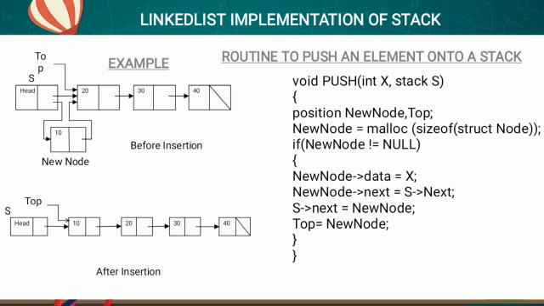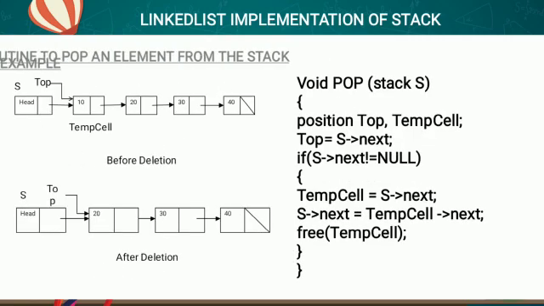If the memory is enough to insert, then we insert the new element in 3 steps. First, we insert the element in the data field of the new node. Then update the next field of the new node with the address of the head node's next, that is S of next. Finally, we store the address of the new node into the next field of the head node, that is S of next. That's all for the push operation.